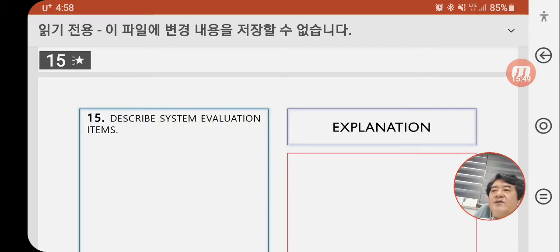This question, you find the correct answer and write it down. Describe system evaluation items.